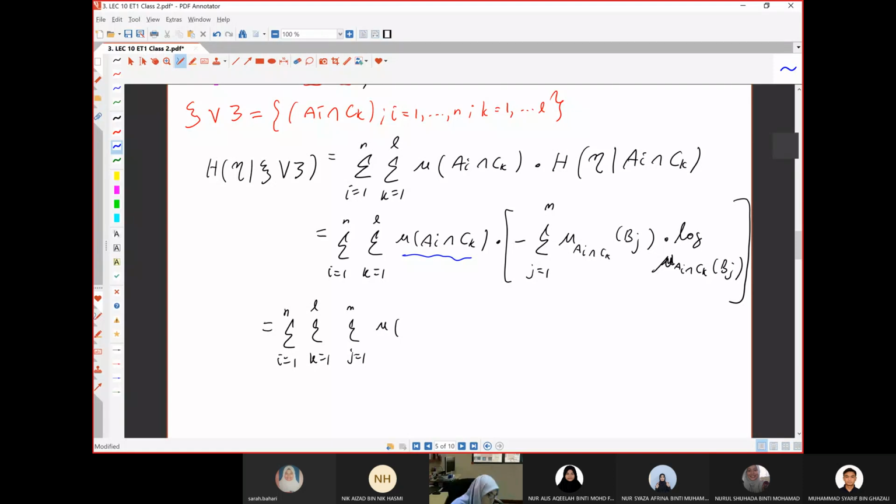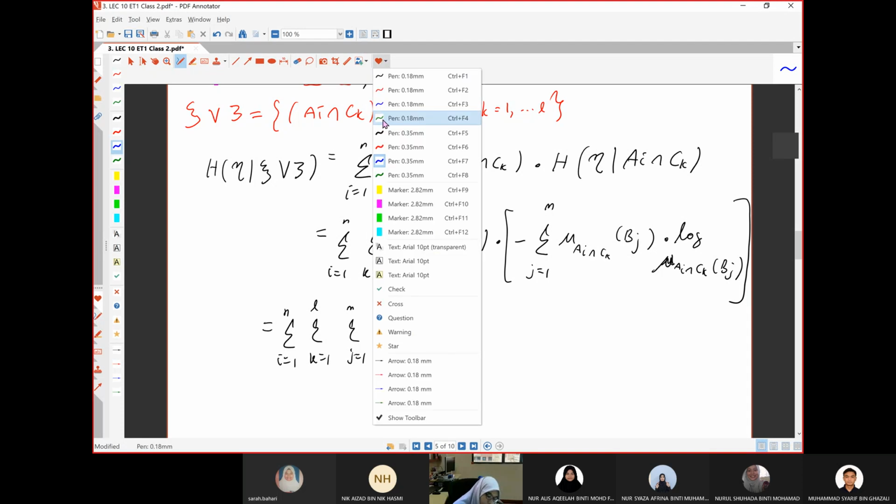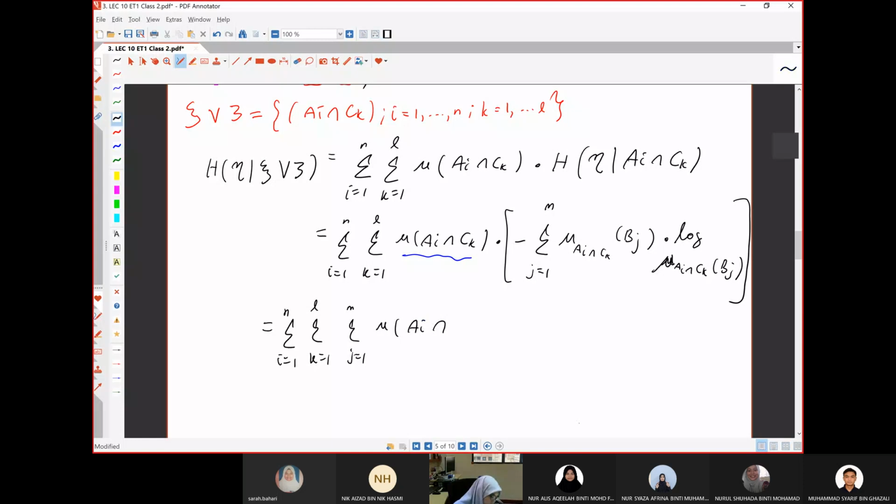So actually you have this one: mu of Ai intersect Ck intersect Bj, multiplied with the log of mu Ai intersect Ck of Bj.